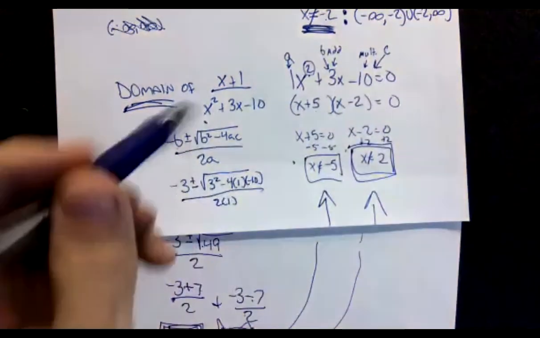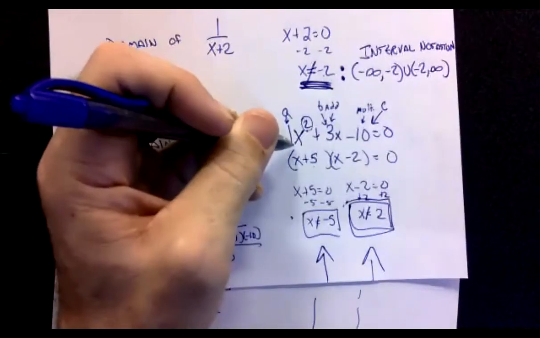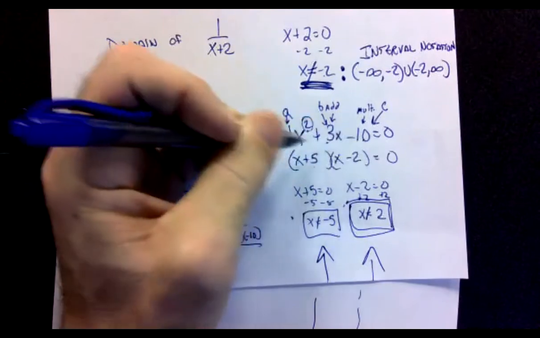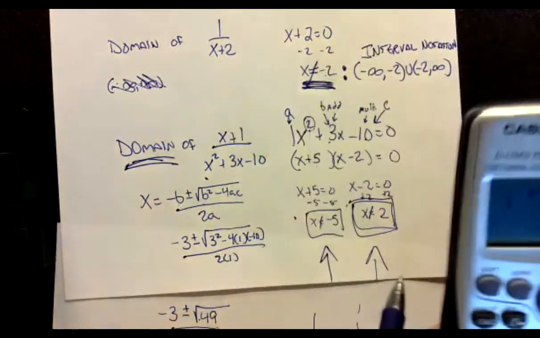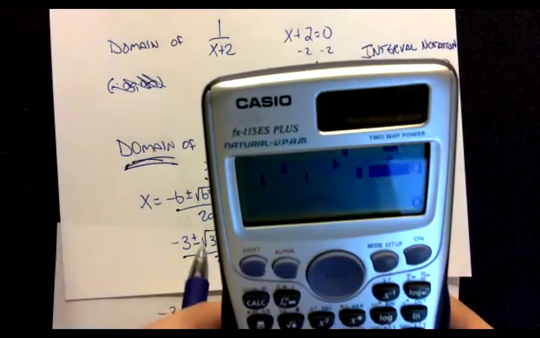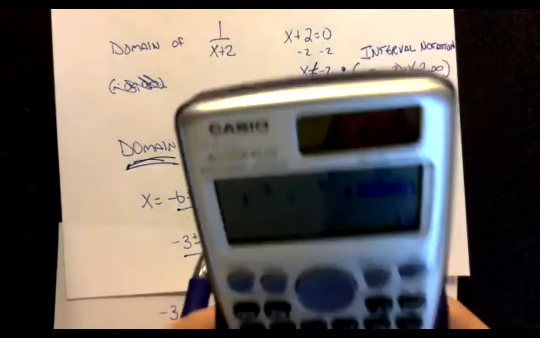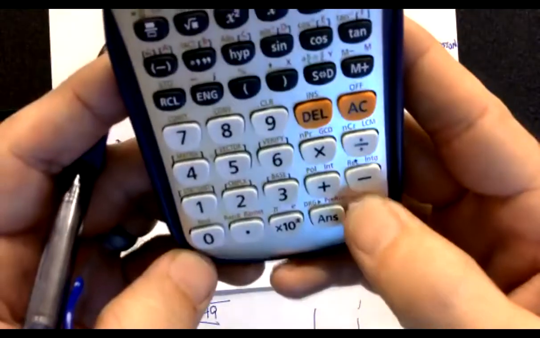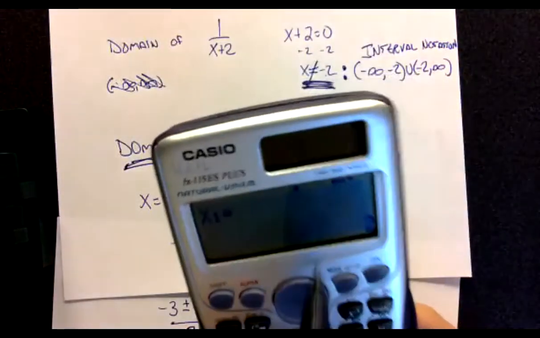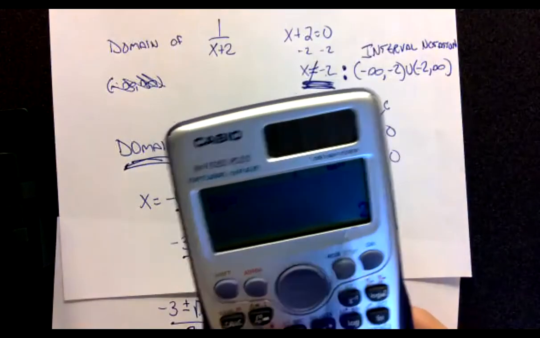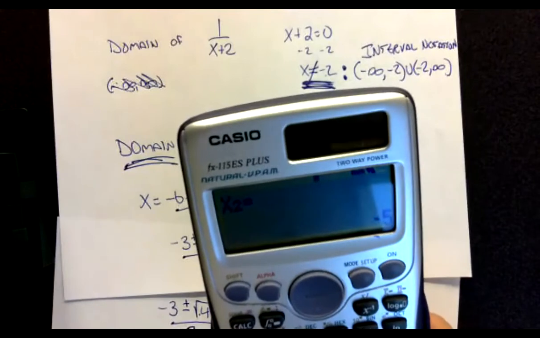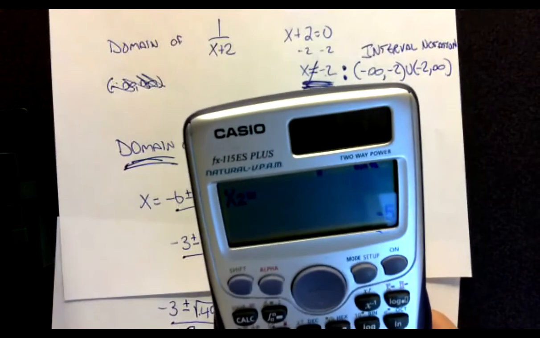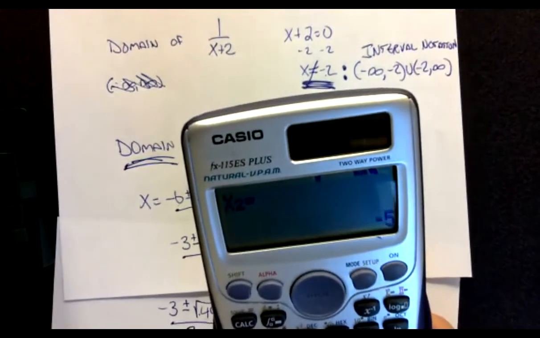We're going to plug in our A, our B, and our C, just like we did for the quadratic formula. So I'm going to plug into the calculator 1, and then 3, and then -10. If I just hit the equals button, it'll generate my solutions for me. It says x equals 2, and then x equals -5. So if you have the right calculator, you can do all of this on your calculator.